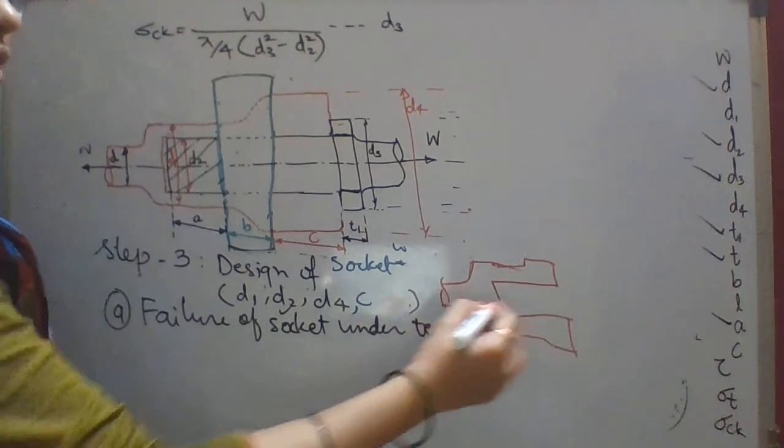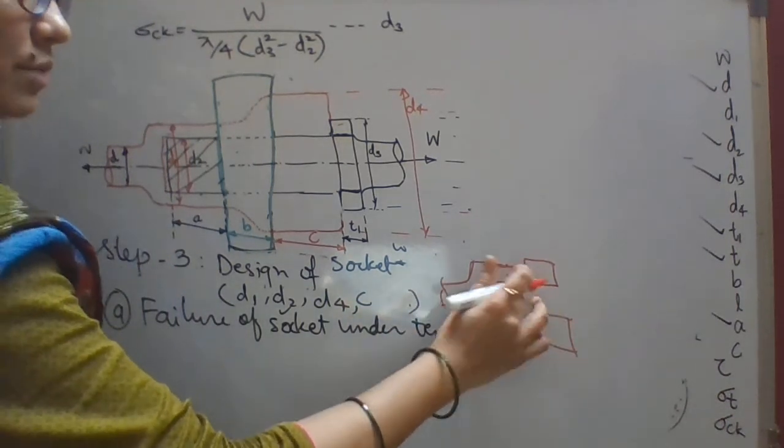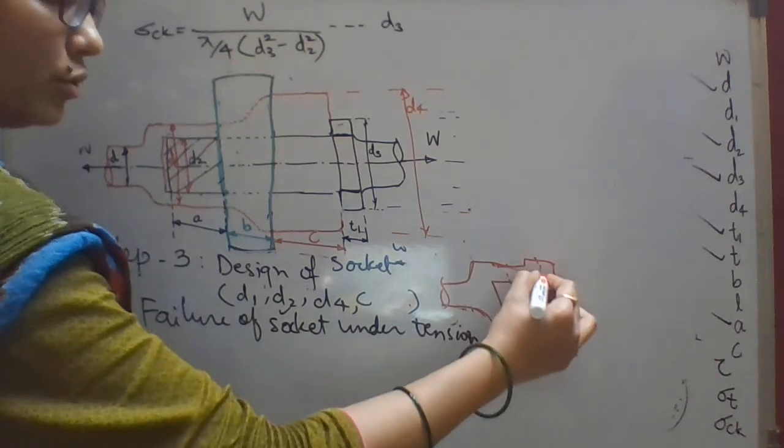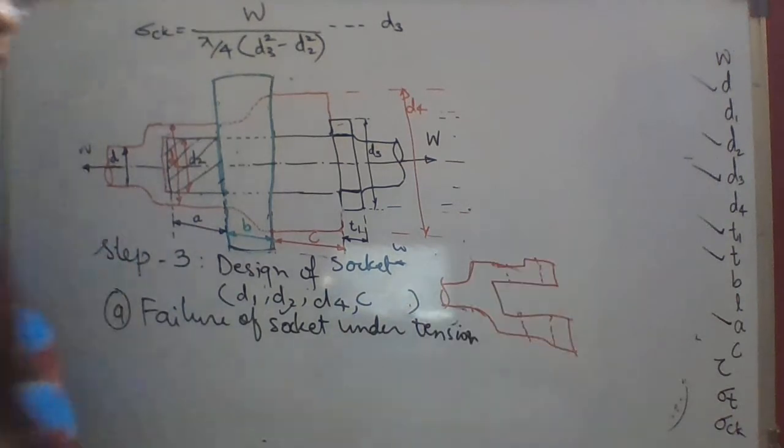So this is the socket and इसमें भी स्लॉट है फॉर होल्डिंग कॉटर. कॉटर के लिए यहाँ पे एक स्लॉट मारा हुआ है.